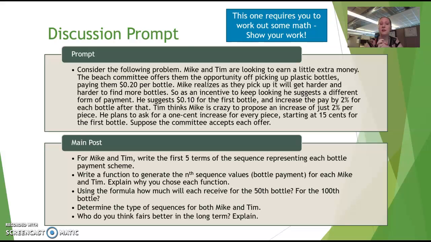And then determine the type of sequences for both Mike and Tim. And then answer, who do you think fares better in the long run and why? So you have some math to go through to analyze to get to the big question of which one had the better scheme and will get better pay.